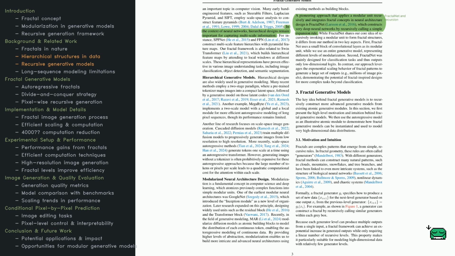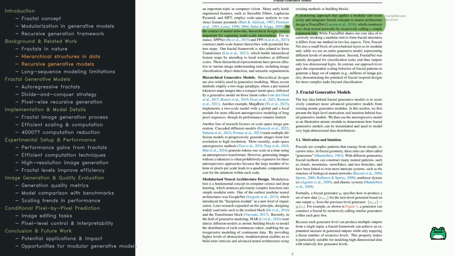Modularity ties everything together. Neural networks already use modular building blocks, like convolutional layers or attention blocks, to decompose large tasks into smaller ones. Fractal generative models push modularity even further. They make entire generative models act as recursive building blocks. This goes beyond approaches like FractalNet, which simply repeated deep network structures.